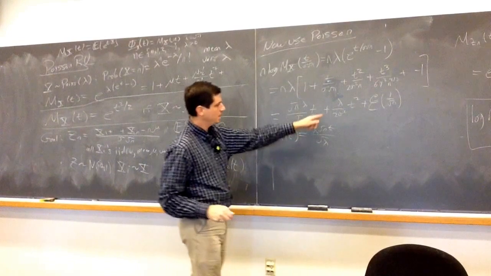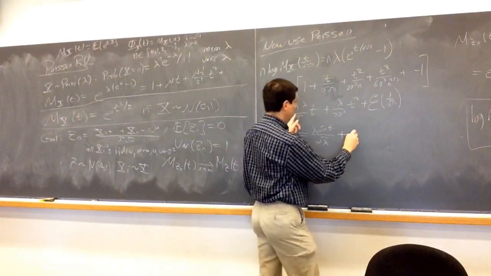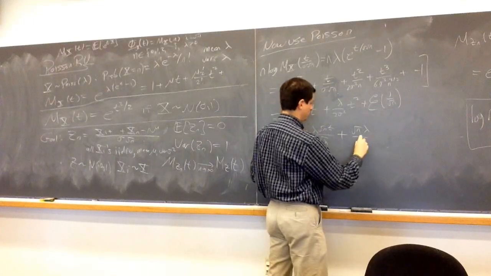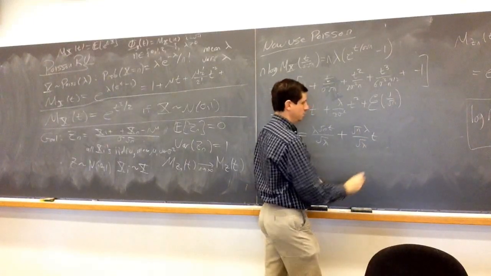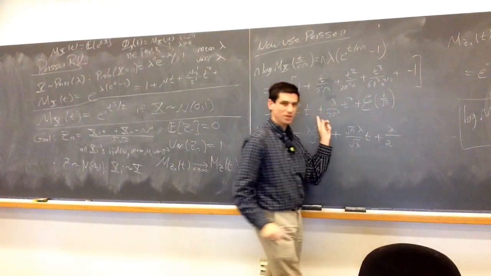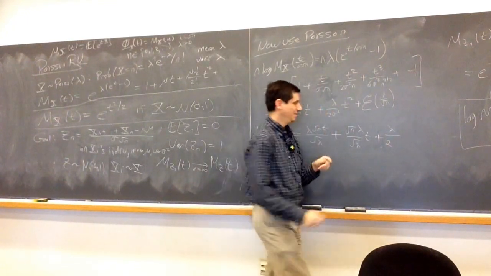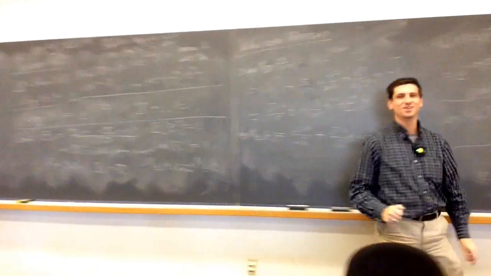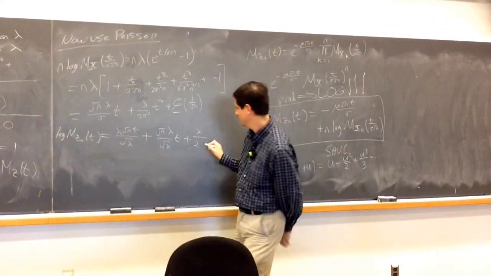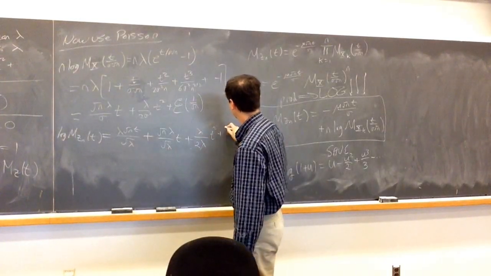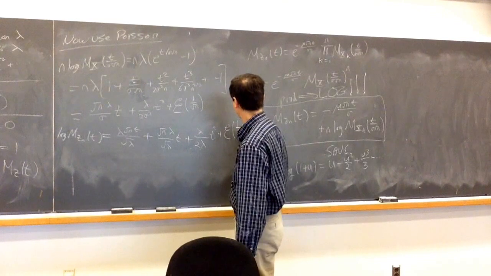All right, so now for the next part, we have plus square root of n lambda over sigma, which is square root of lambda t, plus lambda over 2. And what's sigma squared? Lambda. I'm not going to do the lambda squared. I've already made that error once today, only making it once. T squared plus some error of size 1 over square root of n.